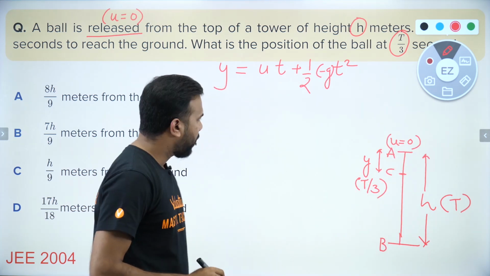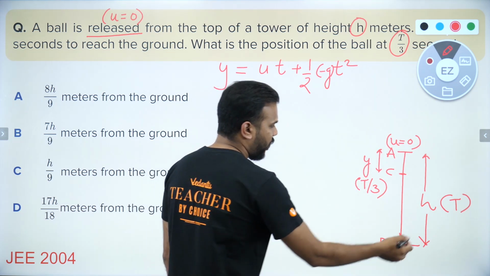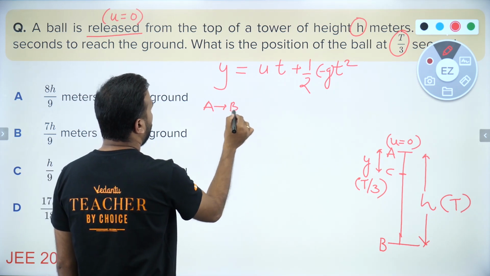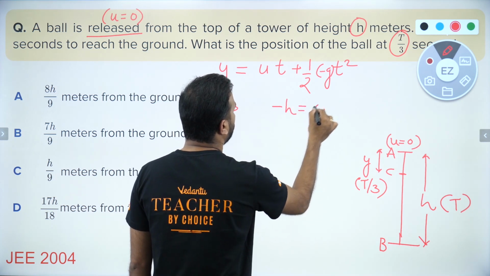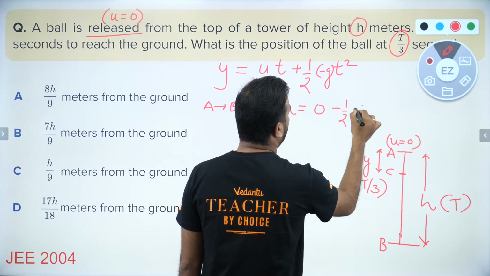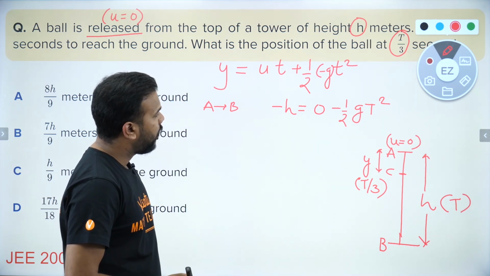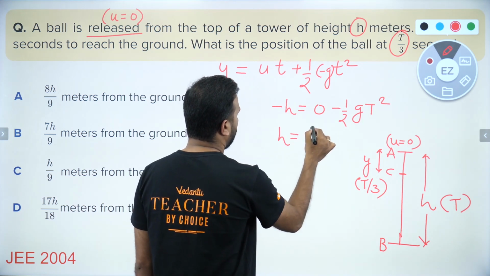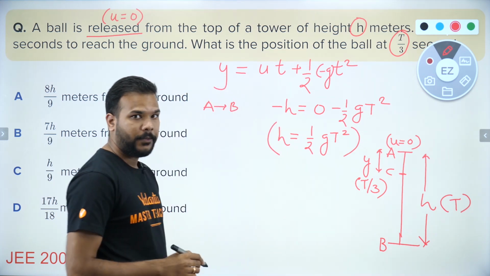Now when I apply equation number 2 for A to B, the equation looks like minus h is equal to 0, because u is initially 0, minus half g, and the time taken is capital T. So h is equal to half g T square. Yes or no? Okay guys?